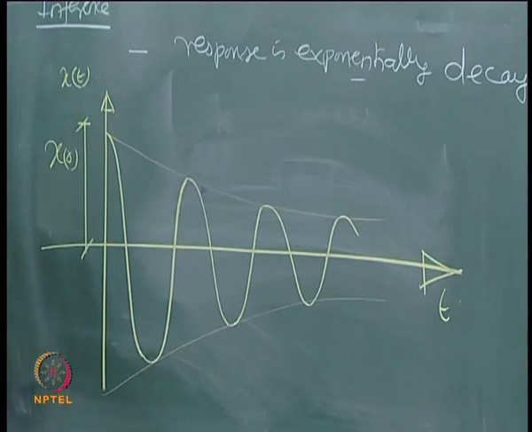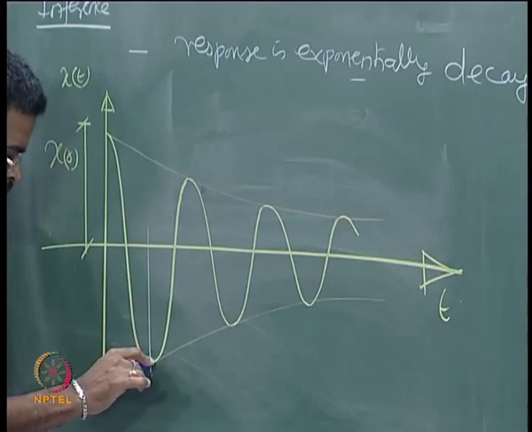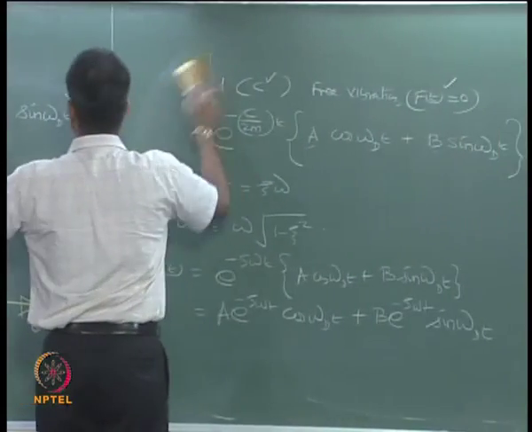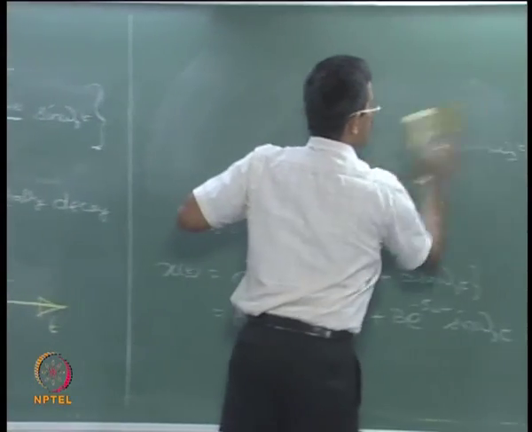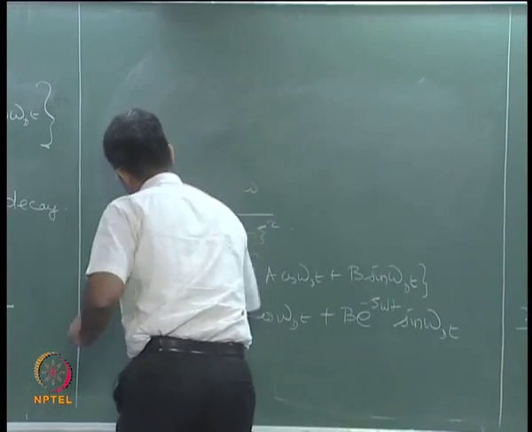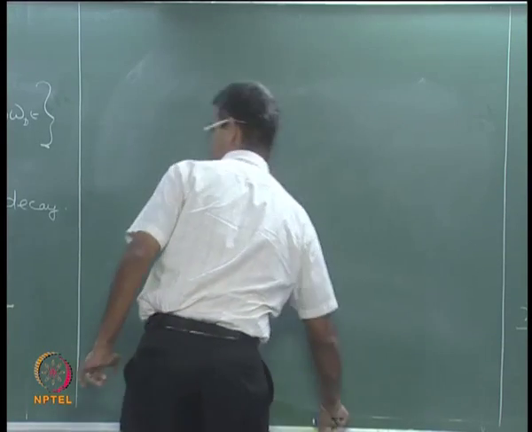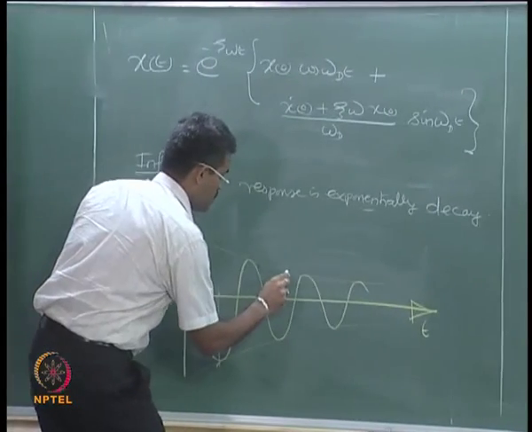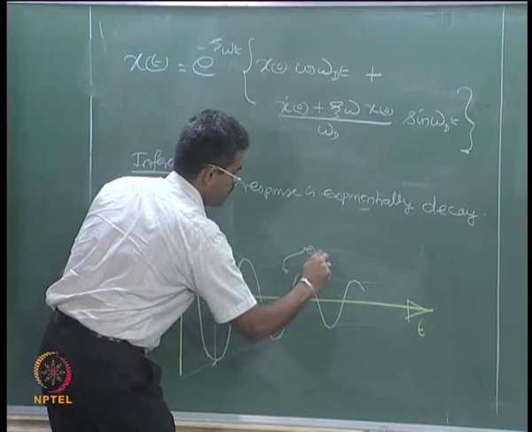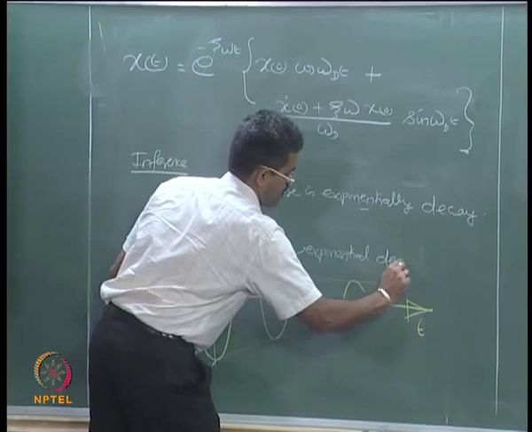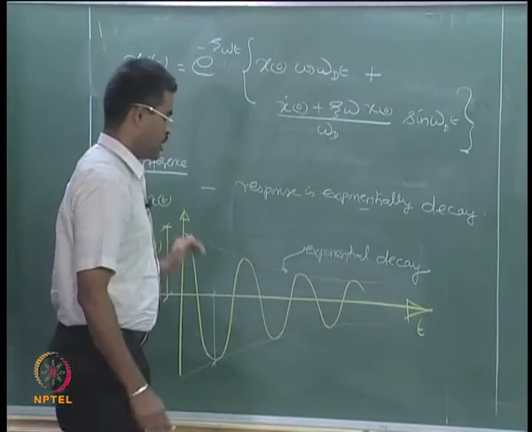Now, let us say I have a point where I try to evaluate this equation at different t values along this curve. So, this is an exponential decay, the response keeps on dying down.